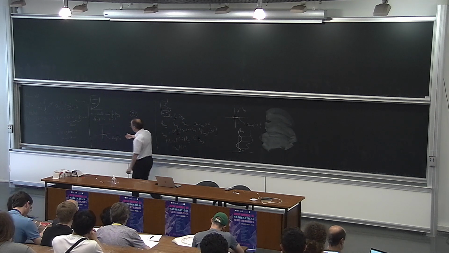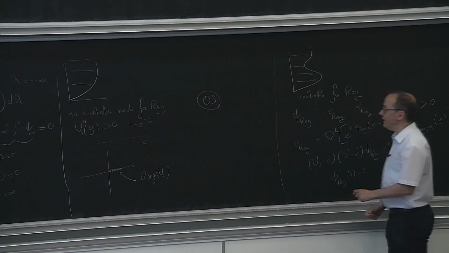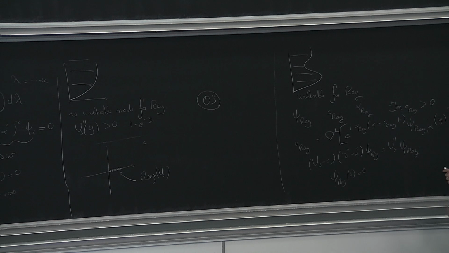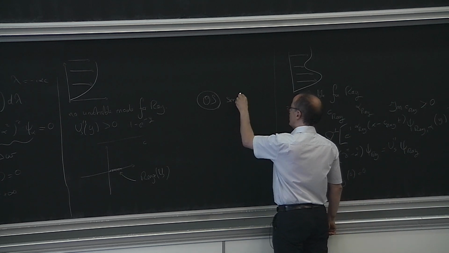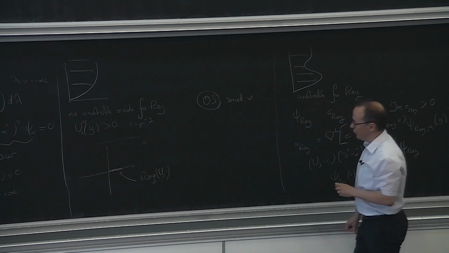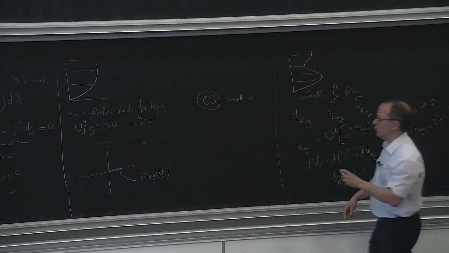Here you have no eigenvalue, so you have nothing to do. But what happens if you add some viscosity, and I will give you the hint just after, is that for small nu, then you can prove that there exist two eigenvalues which come out of alpha equals 0.